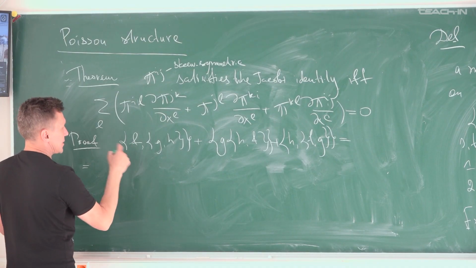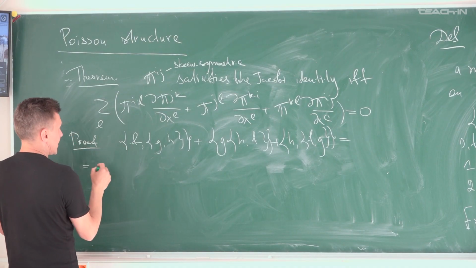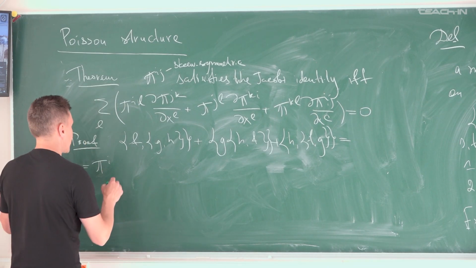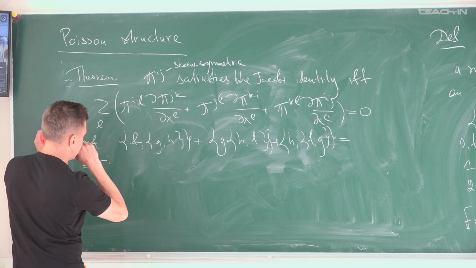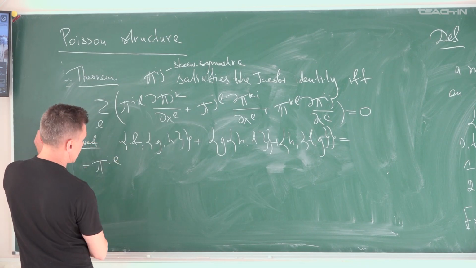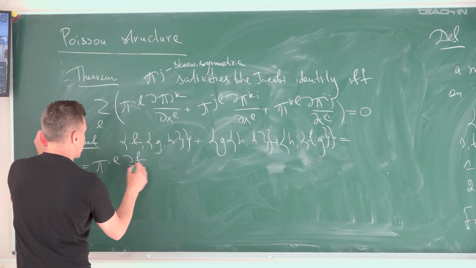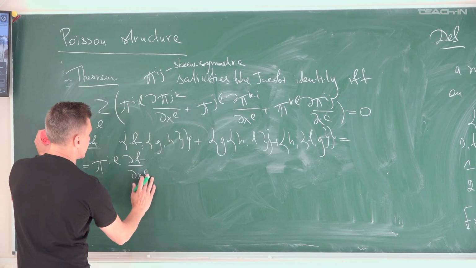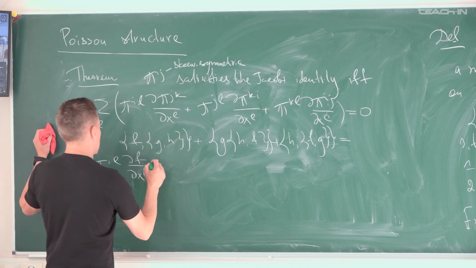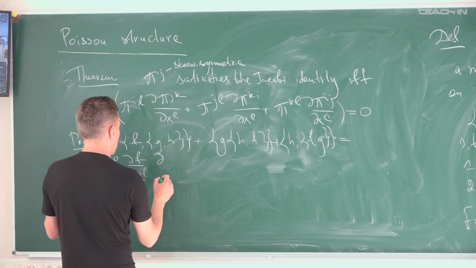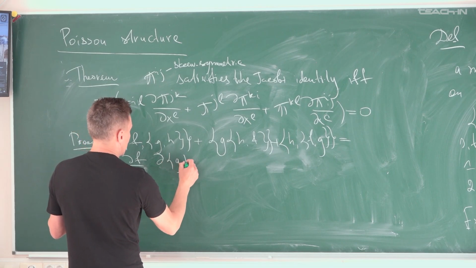So by definition here, it is π^{ij} ∂f/∂x^i ∂/∂x^l ... π^{il} ∂f/∂x^i, I'm sorry, ∂g/∂x^j ∂h/∂x^k.